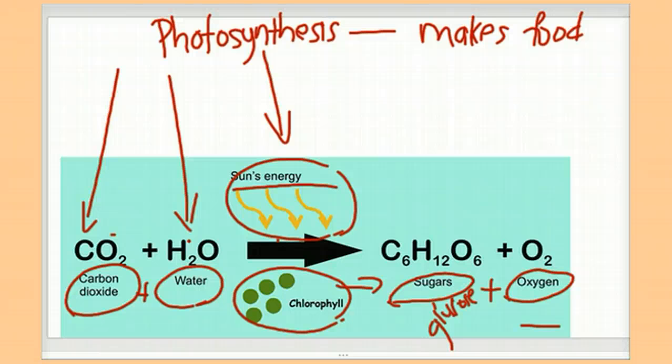If you notice something right now, when you're comparing this chemical equation to that of respiration, you will notice that everything that is made in photosynthesis is being used up in respiration.